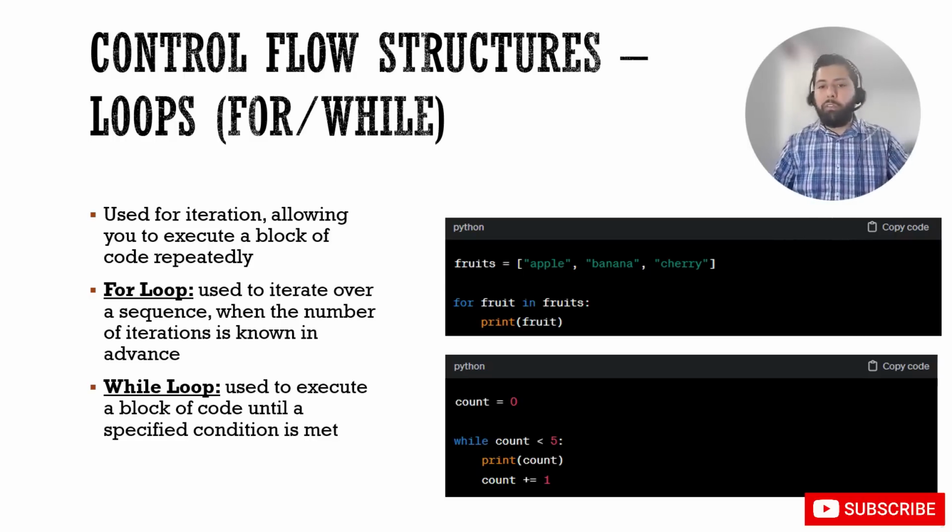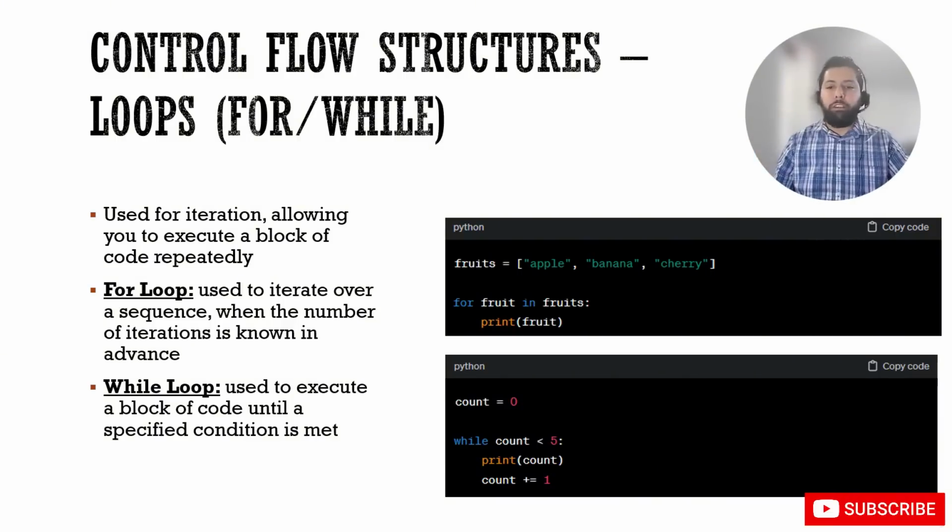So it's looking for one fruit in this list here, print fruit. What this is going to do is literally print each of them one by one, because it's going to look at how many elements there are in this list and execute each one and print each fruit in order: apple, banana, cherry.